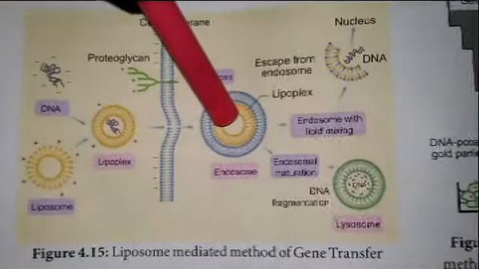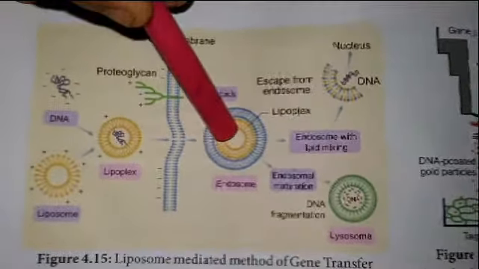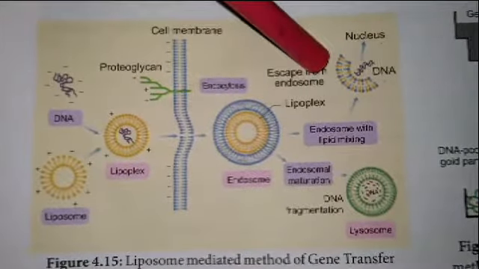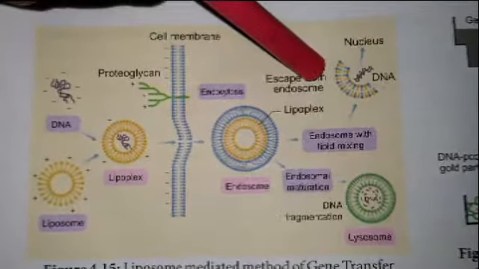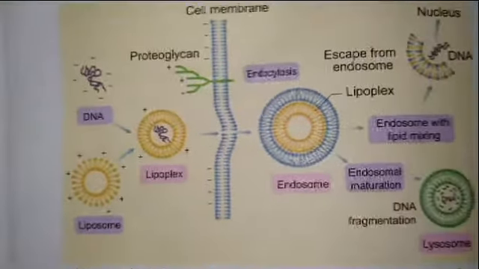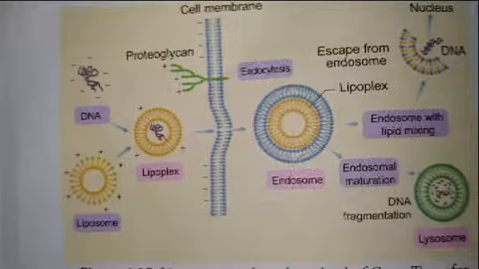The liposomes and the tonoplast of vacuoles. The vacuole membrane is called the tonoplast in plants. The fusion resulted in the gene transfer. This process is called lipofusion.